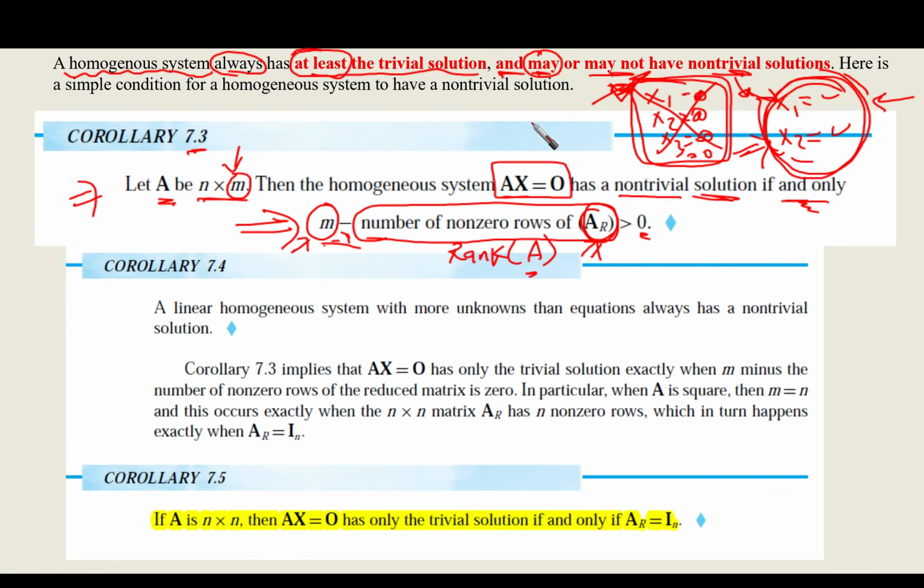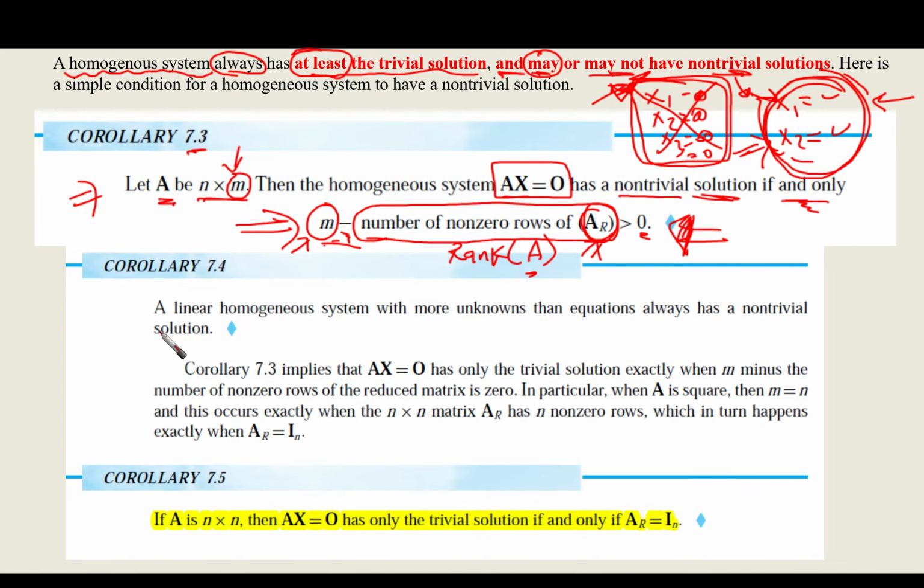This is the simple condition for a homogeneous system to have a non-trivial solution.